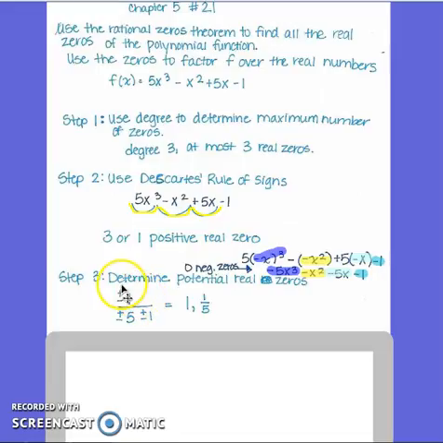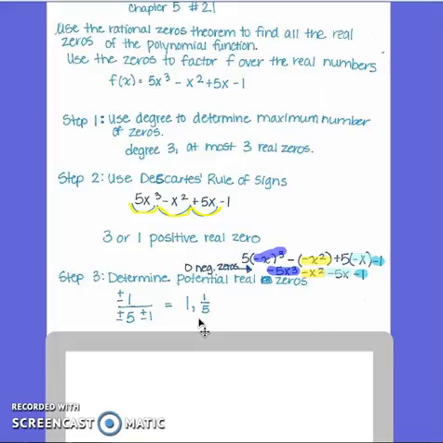So we're going to have plus or minus 1 over plus or minus 5, plus or minus 1. Okay, these would be separate. So you could list them all out. You would have 1 over 5, negative 1 over positive 5, right? You can list them all out. In the end, the only possible potential positives are going to be 1 and negative 5.